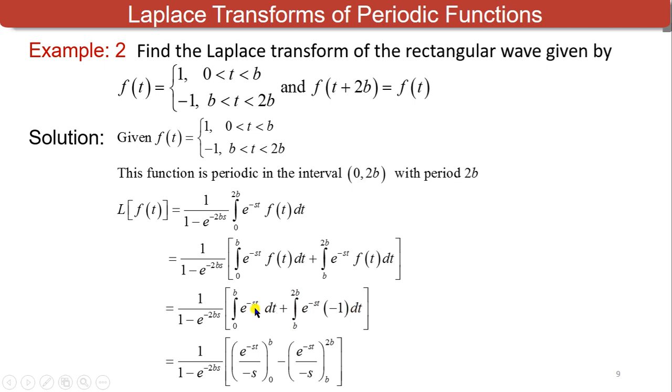So integrate it directly. So e power minus st by minus s over the interval 0 to b, minus e power minus st divided by minus s over the interval b to 2b.